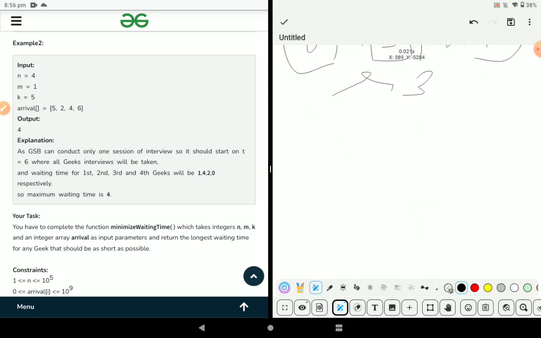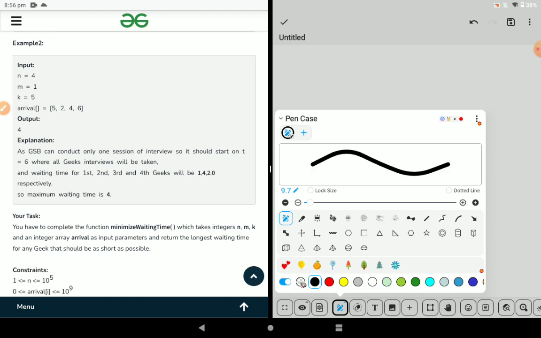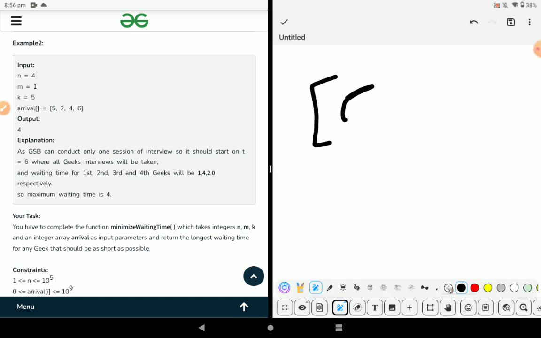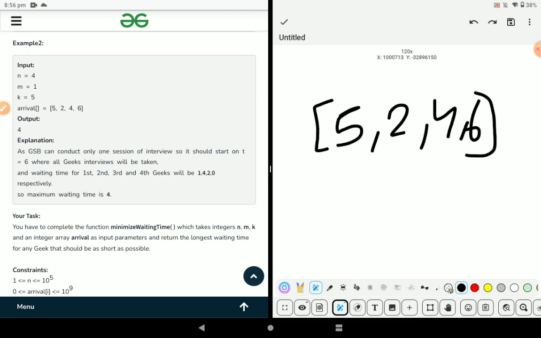Let's try to understand by another example. It will be easier for you to understand. For example, the arrival times are 5, 2, 4, 6. These are the arrival times. Someone came at 5 o'clock, someone at 2 o'clock, someone at 4 o'clock and someone at 6 o'clock.